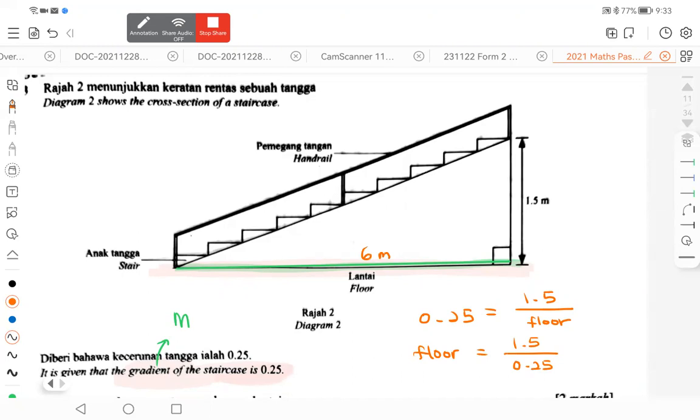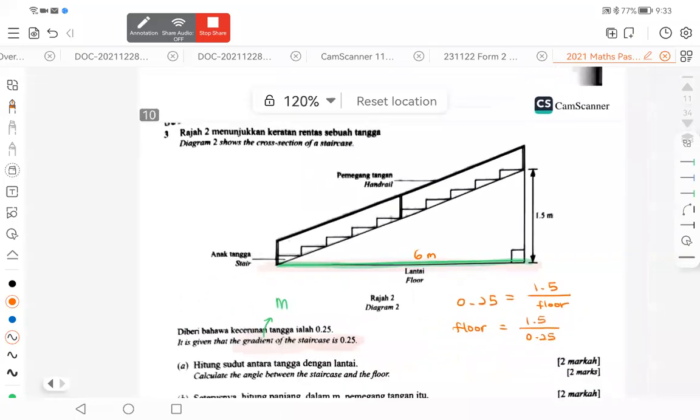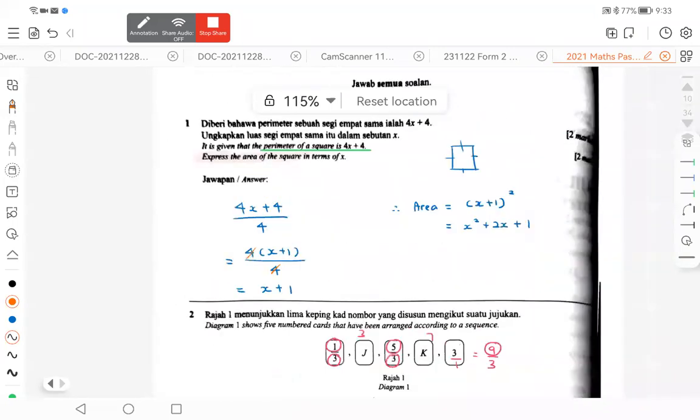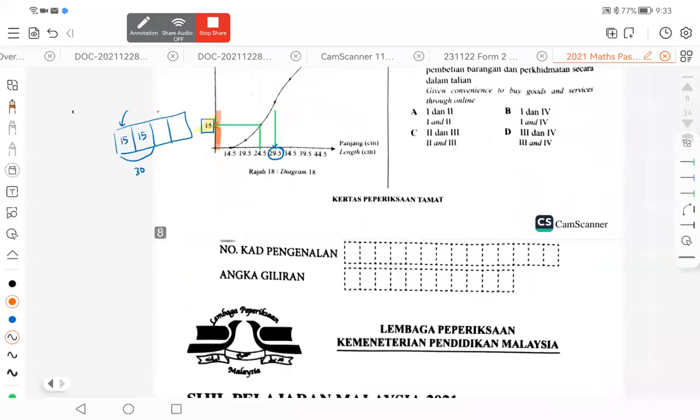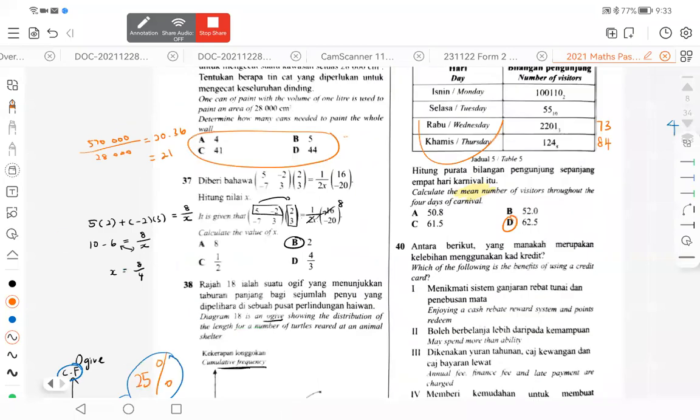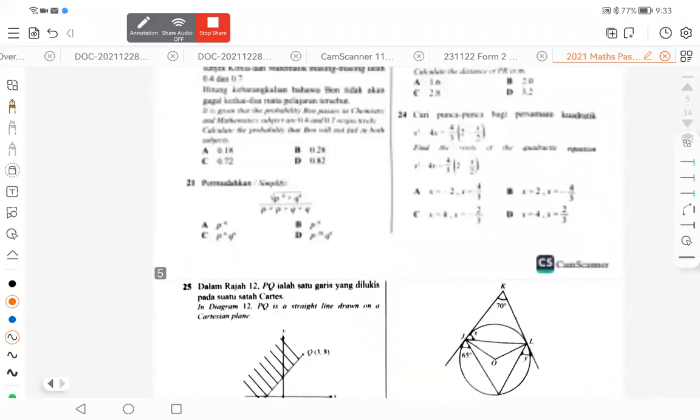So if you learn this now, it doesn't mean you only use it for PT3 or the Form 2 final exam. You will carry it until SPM. Last year a lot of gradient questions came out. This is one of the questions in Paper 2. Now a bit harder, we go to SPM already.